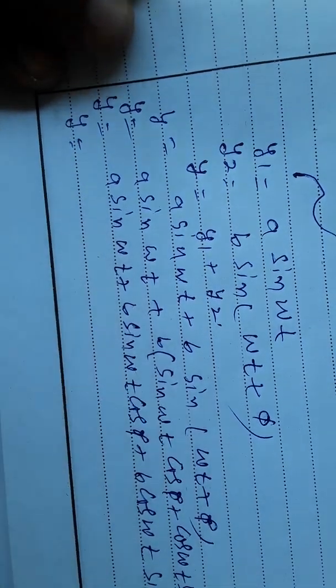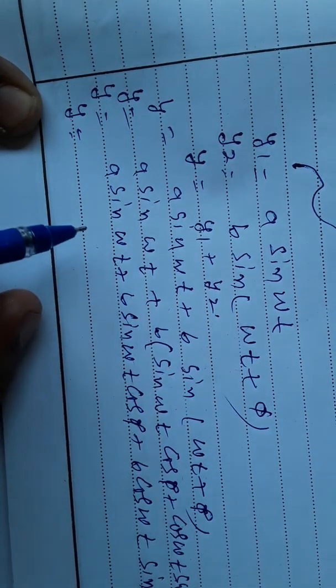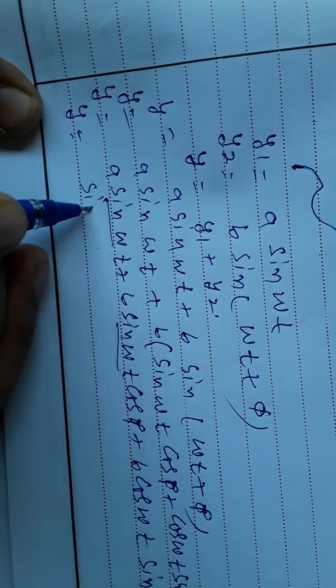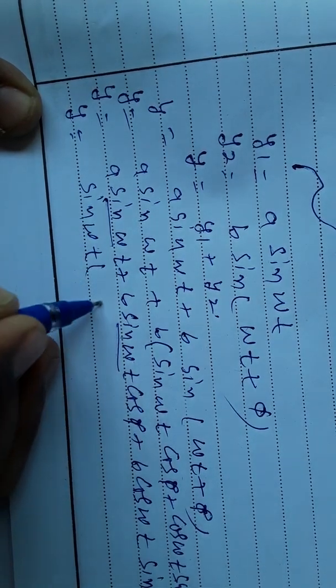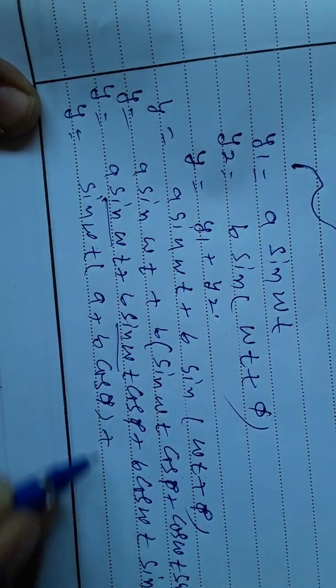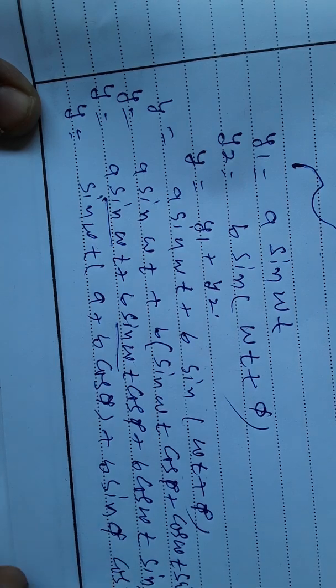Now sin omega t is common, so y is equal to (a plus b cos phi) sin omega t plus b sin phi cos omega t.